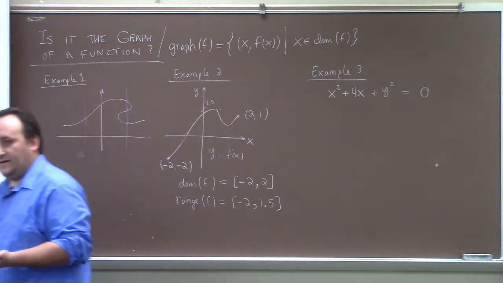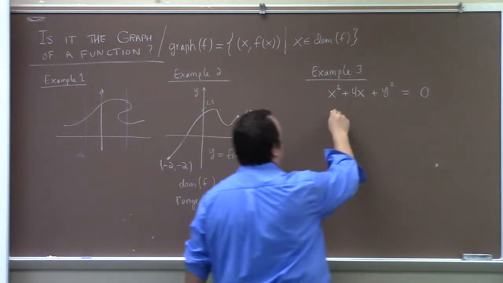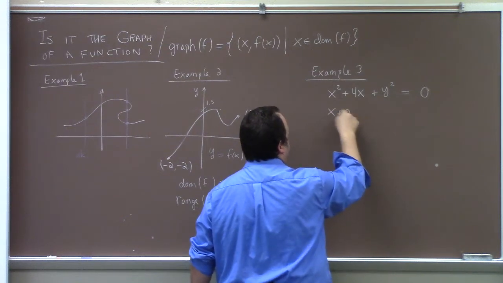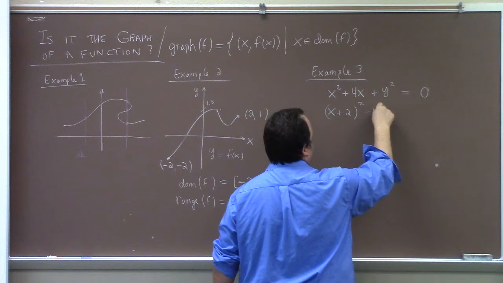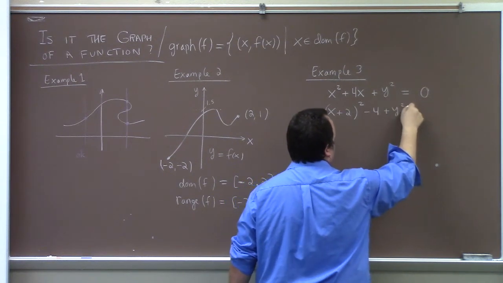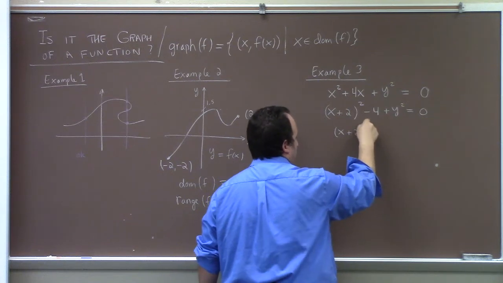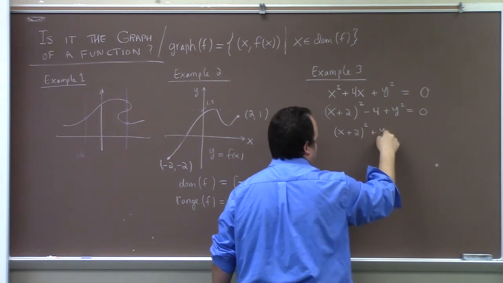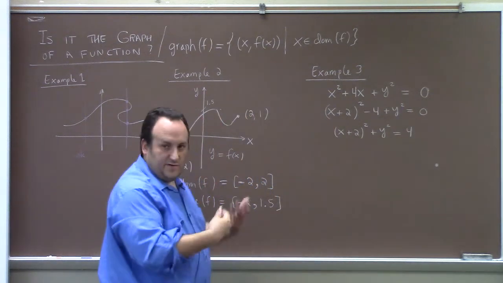And we know how to graph that, right? How do we graph that? We complete the square. And so we have to add 4. And so what we have is (x plus 2) squared plus y squared equals 4, which is, of course, 2 squared, right?